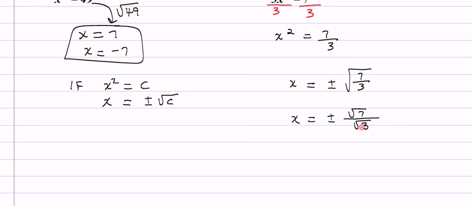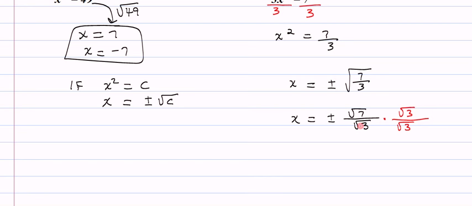When you have a square root in the denominator, we fix that by doing what's called rationalizing the denominator. Because see, the square root of 3 is not a rational number, so we want to make it a rational number. That's why we call it rationalizing the denominator. We do that by multiplying the top and bottom by that radical, by the square root of 3.